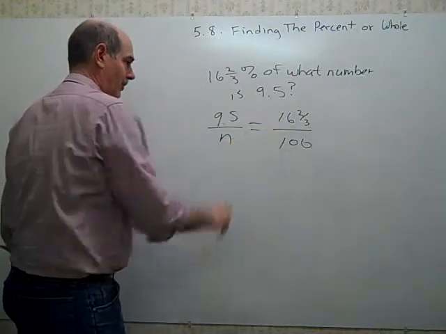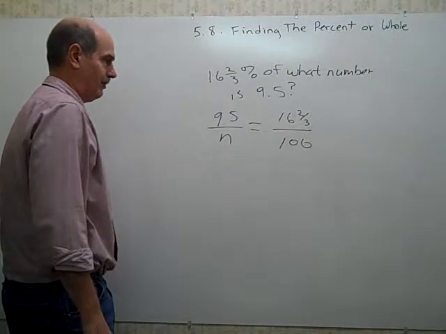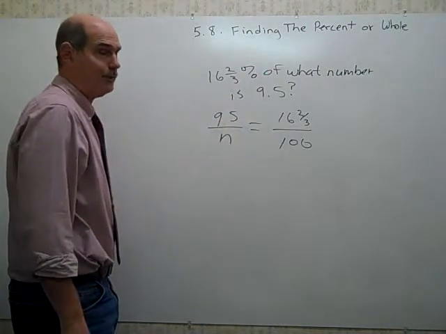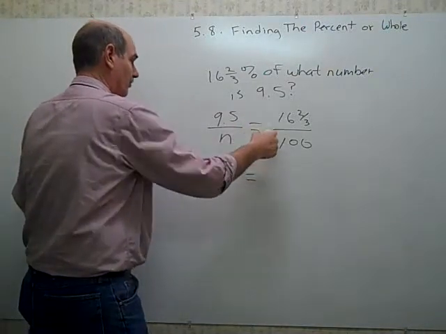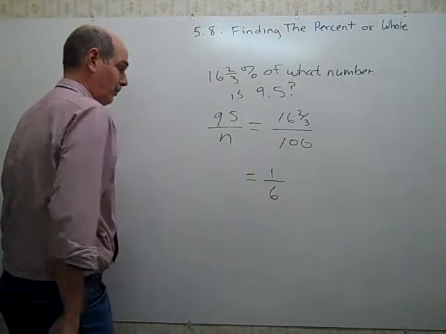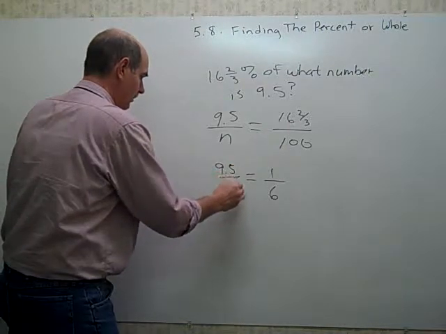This represents 16 2/3%. So what fraction have you learned that is the same as 16 2/3%? Because this is really messy. You can do it like that, but it's way easier to substitute 1/6, because that's what 16 2/3% equals. And then just keep this, 9.5 over n.